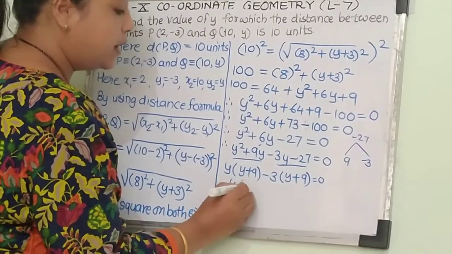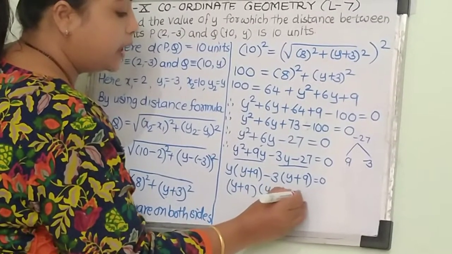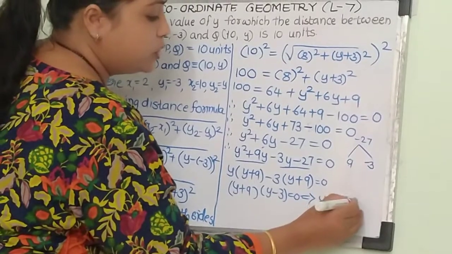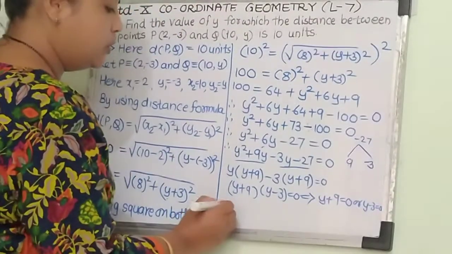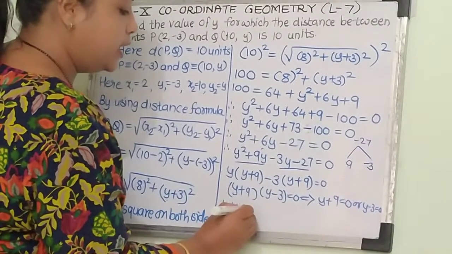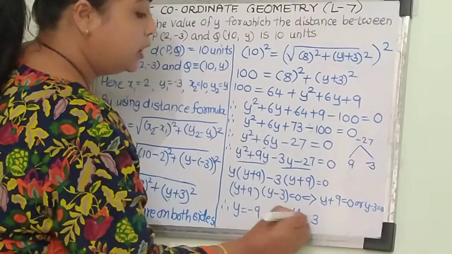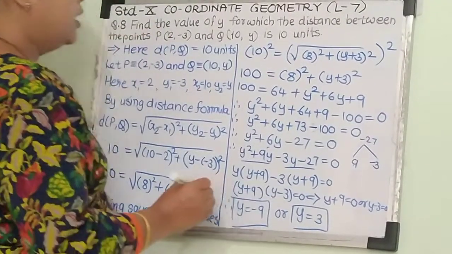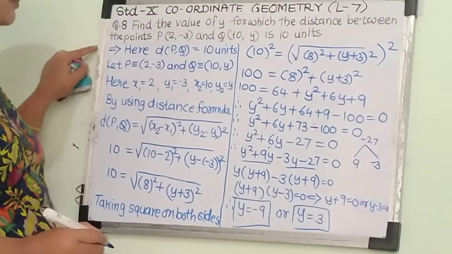Hence we get (y plus 9) in one bracket, (y minus 3) in the other bracket, which implies that y plus 9 equals 0 or y minus 3 equals 0. Therefore we get y equals minus 9 or y equals 3. So these are the two values we get for y in this sum.